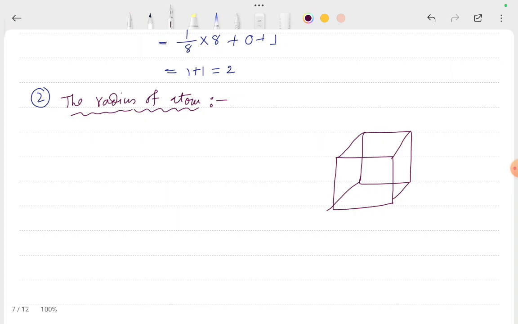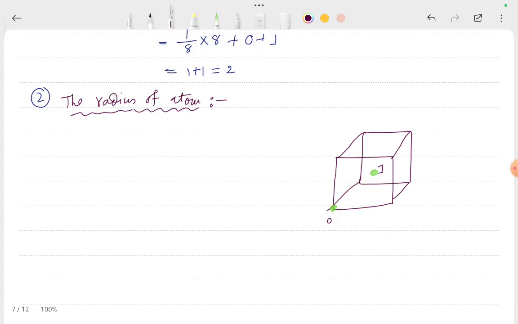This is the first position, and this is the second. This is the 0th atom, and this is the first atom, that is the first nearest neighbor distance.